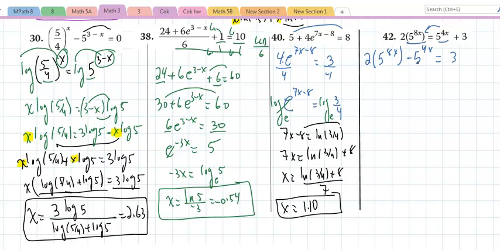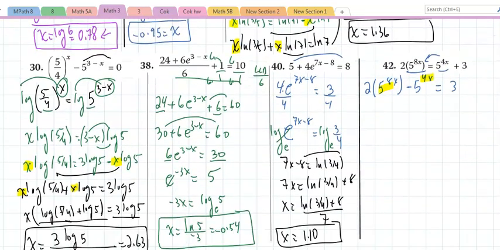So that's when I look at this, say, okay, but do you notice that this is the square of that? So if I write this as 2 times, if I write this as 5 to the 4x, if you multiply those powers, don't you get that?